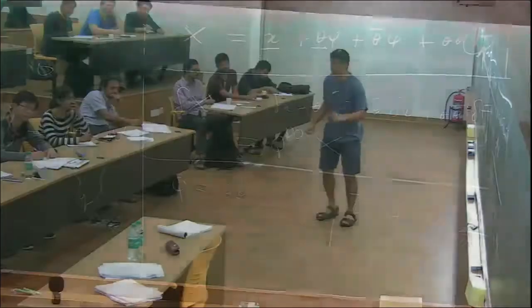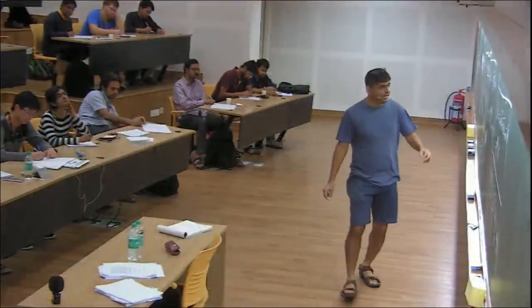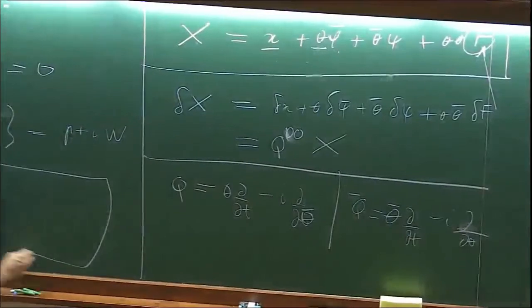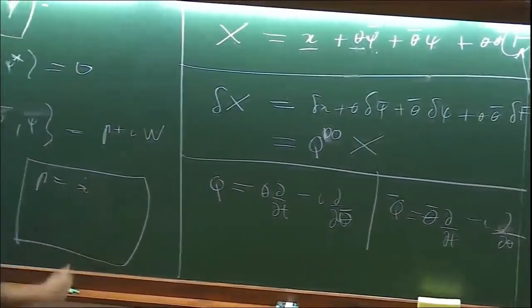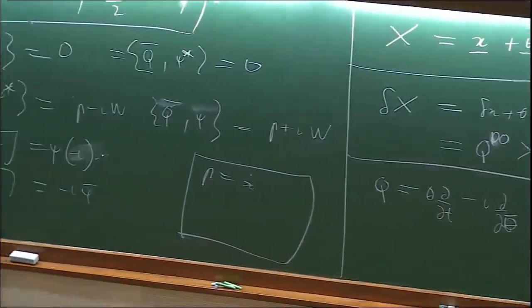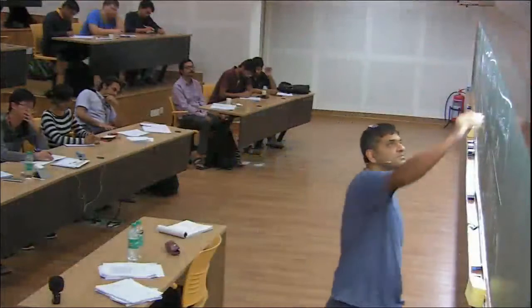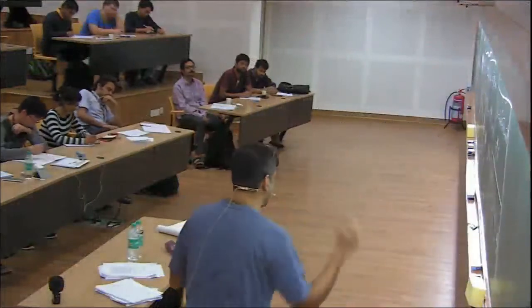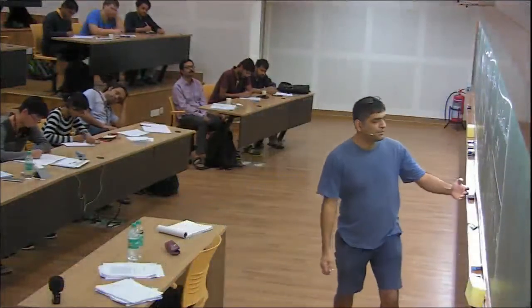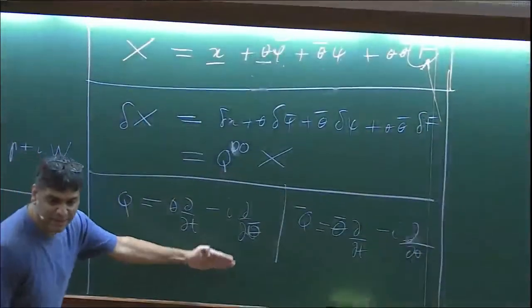Let us check that this is correct, remembering that P was equal to x dot from canonical commutation relations. Okay, let's check that this is correct. In order to check this, let's take Q as an example.